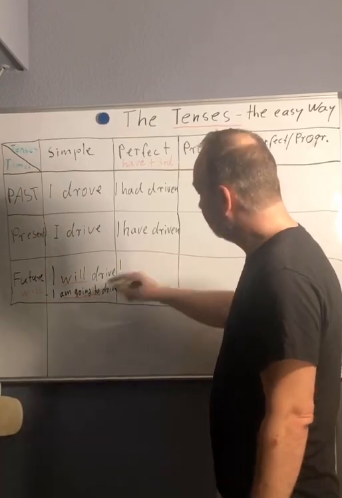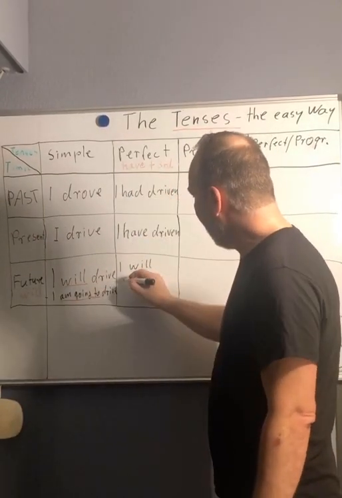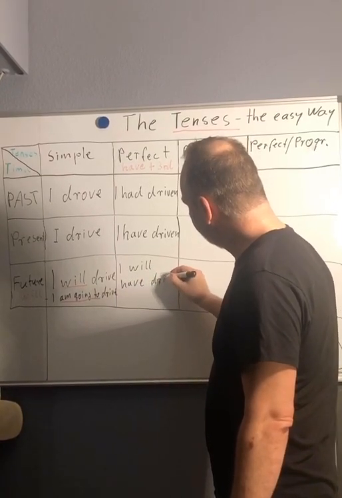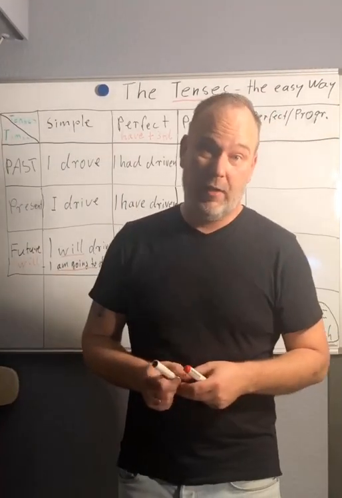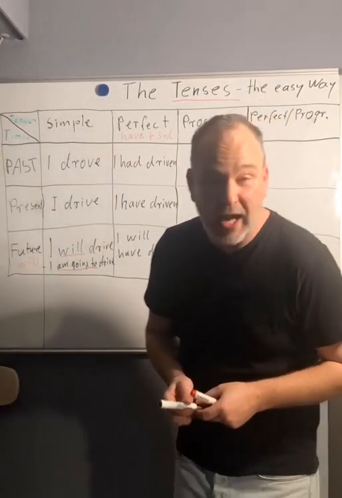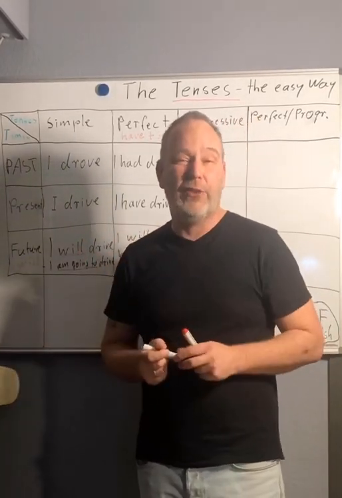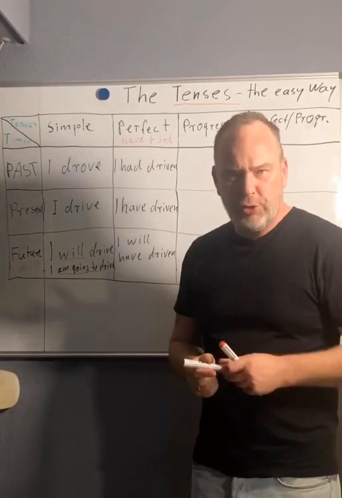I will have driven. I have a friend who lives in Moscow. That's about 4,500 miles from here. So imagine I drive there. So it's an action that ends in the future.